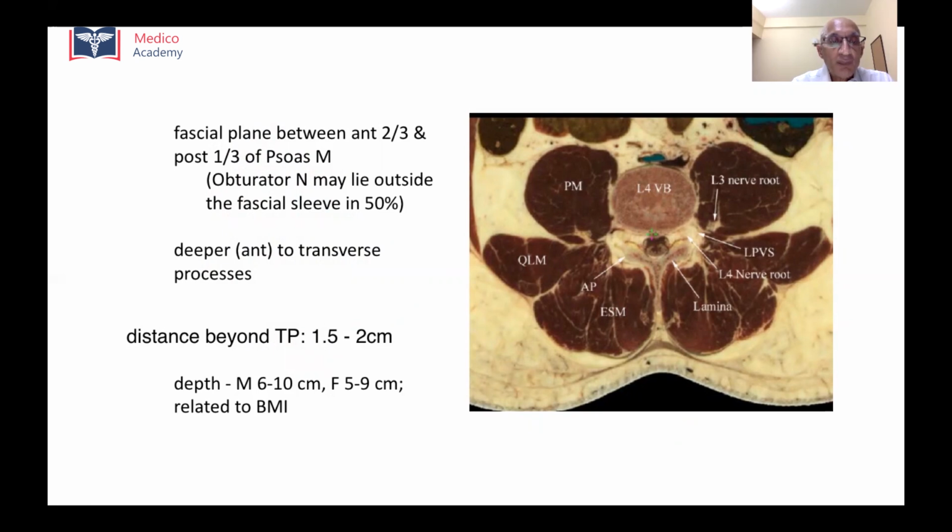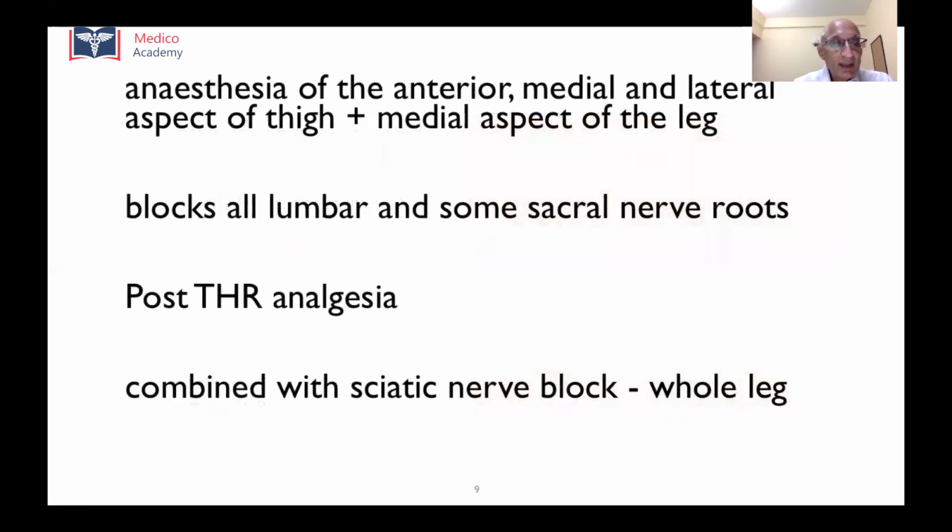Psoas major is located anterior to the transverse processes and lateral to the body of the lumbar vertebrae, from where it takes its origin. So then the plexus lies anterior to the transverse processes by about 1.5 to 2 centimeters. The depth from the skin varies according to the body habitus of the patient.